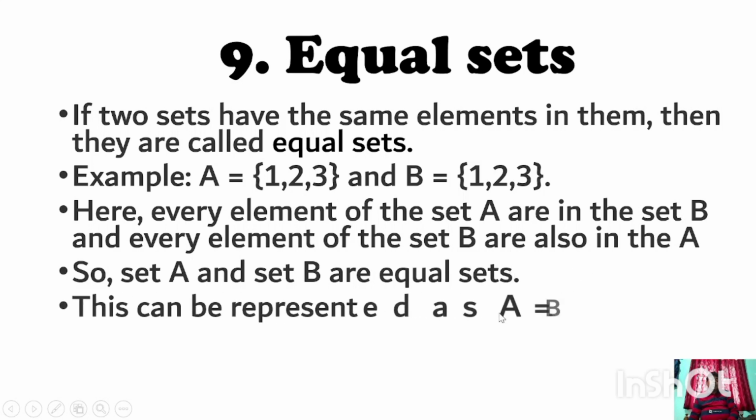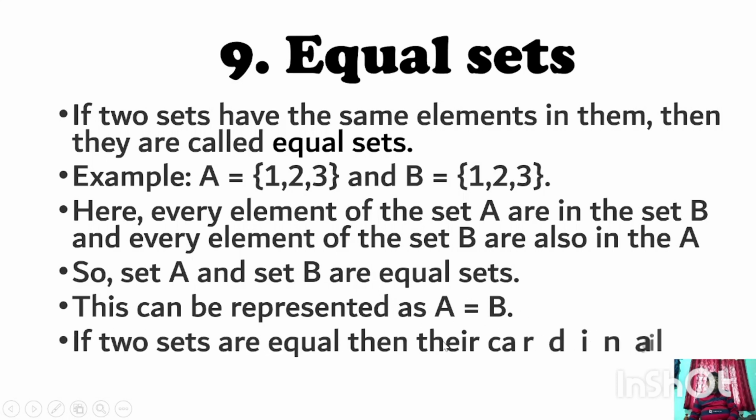If two sets are equal, we can represent it with the equal sign, A is equal to B. If two sets are equal, then their cardinality is always the same. The elements will be the same and their cardinality will also be the same. Note this down.